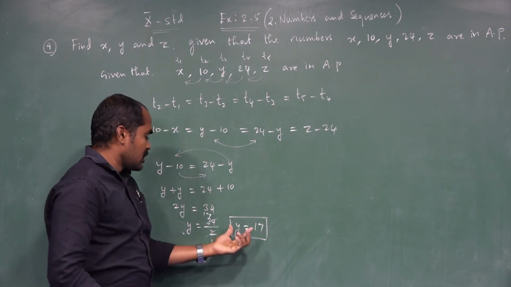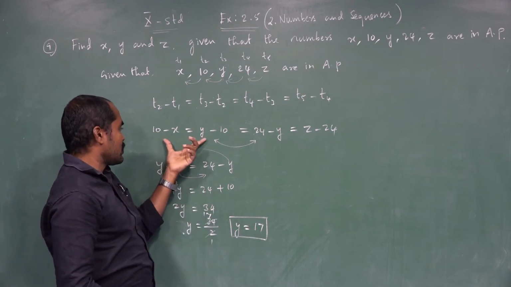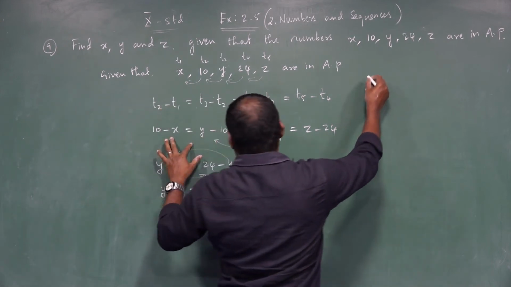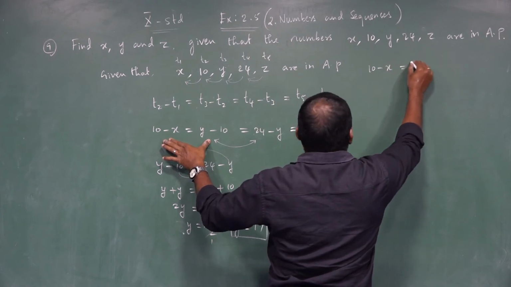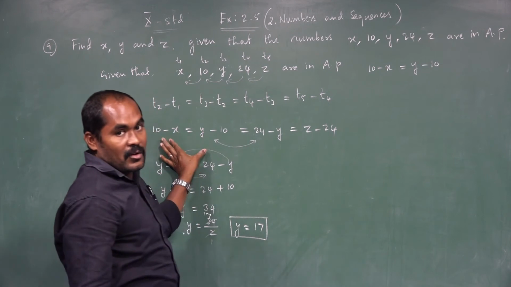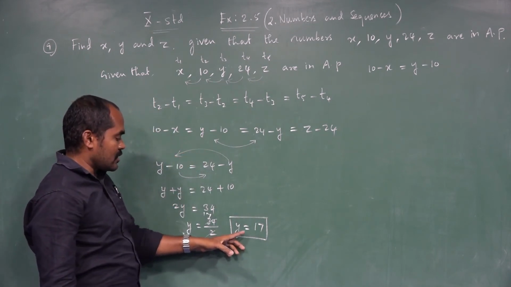So use the value of y, 17, in first two, equating first two expressions. We get 10 minus x equal to y minus 10. Right? We know y value is 17.